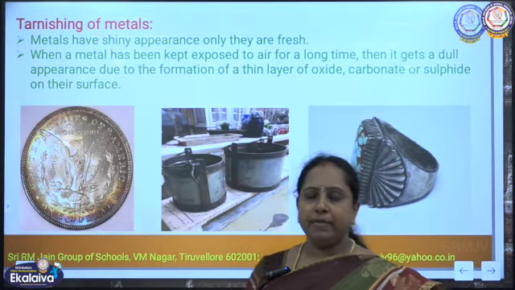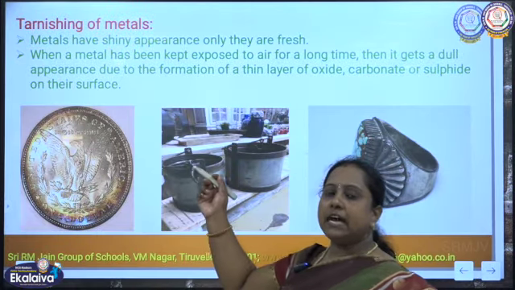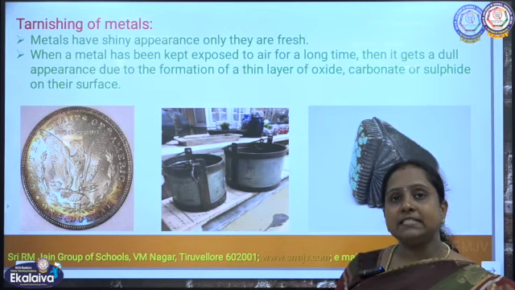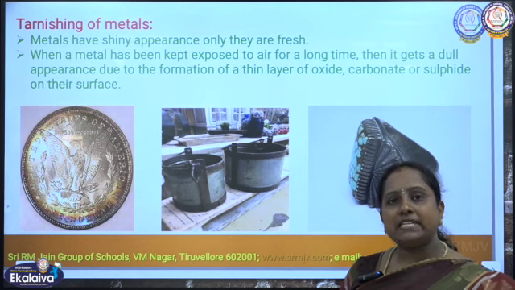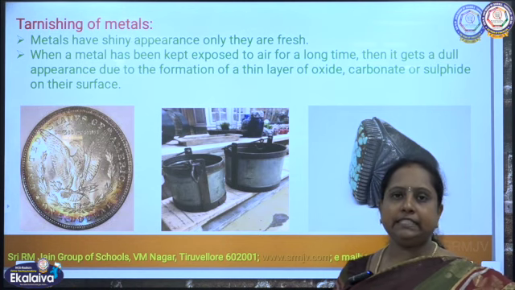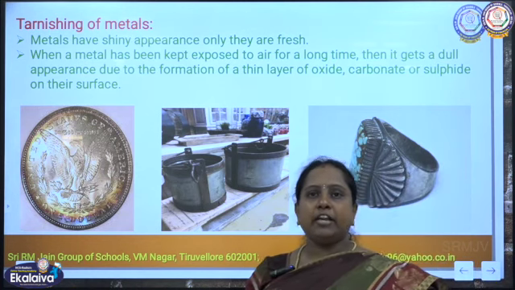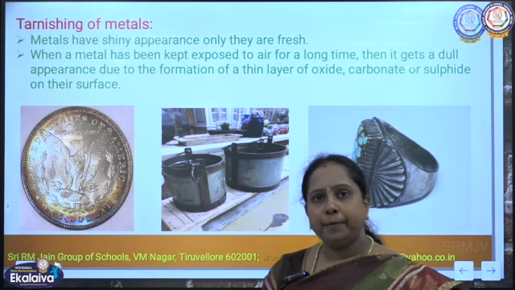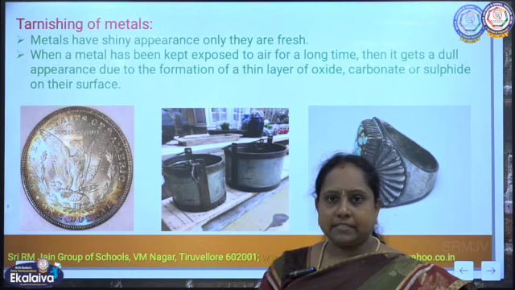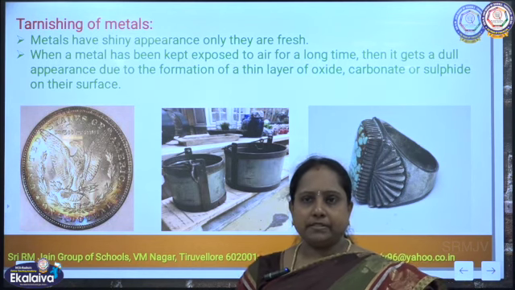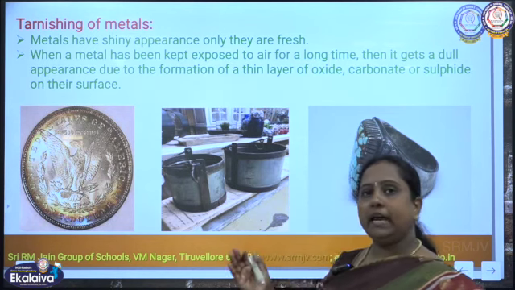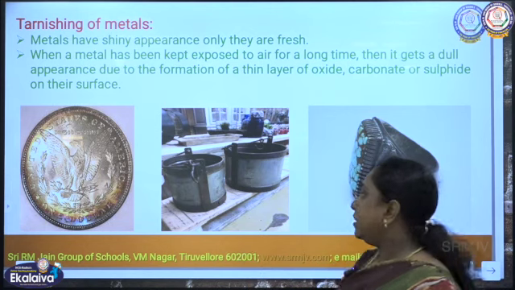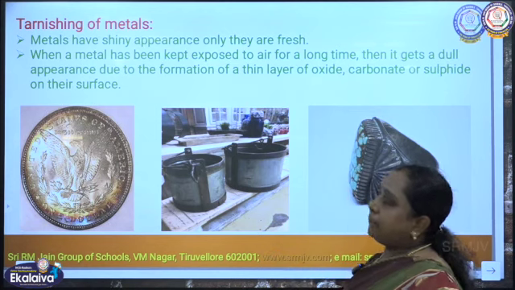Then, tarnishing of metals. Why do we need to learn this? Because we have learned the lustrous capacity. As the metals are lustrous in nature, because they have a shiny surface, they are very much available to get tarnished. Tarnish means dull appearance. How do they attain a dull appearance?